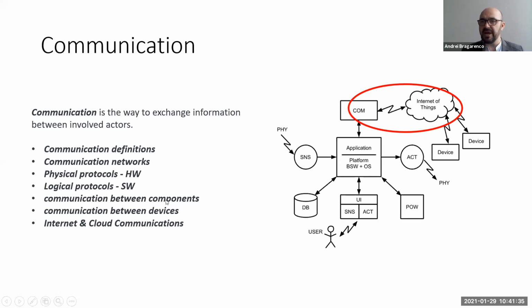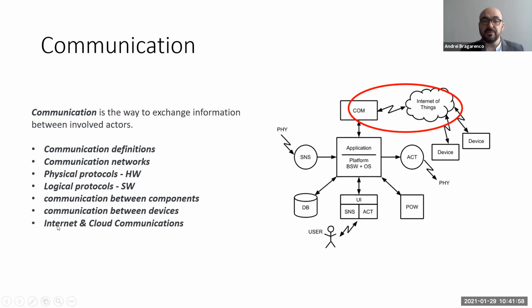We have some communication between components. That means my PC has components, some wires or some wiring, PCB. There we have another kind of communication. We have communication between devices because my PC is made of different devices. Let's say microphone as a device. After that, microcontroller and so on. Depends.